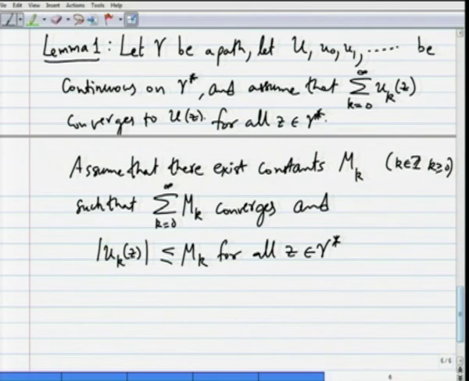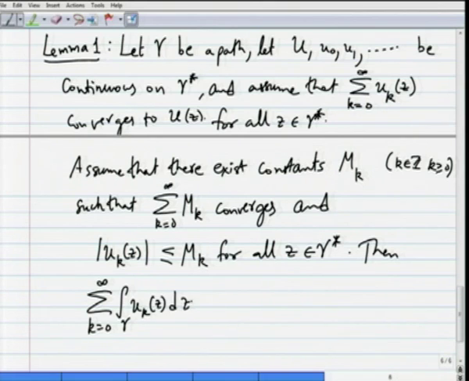Then the conclusion is: the sum over k equals 0 through infinity of the contour integration of u_k(z) over the contour gamma is equal to the integration over the contour gamma of the summation of u_k(z) dz, k equals 0 through infinity.